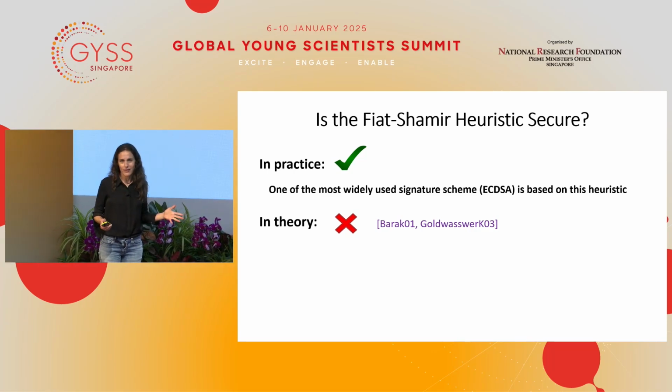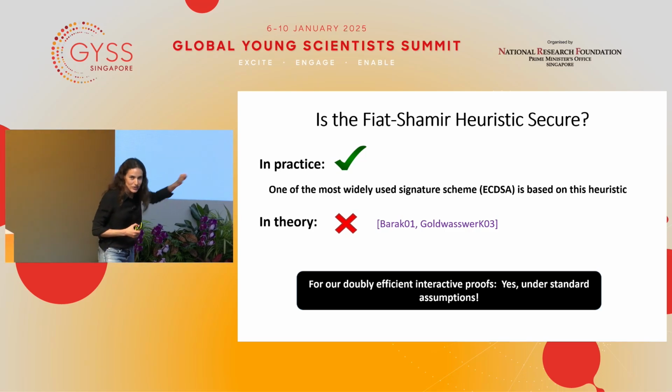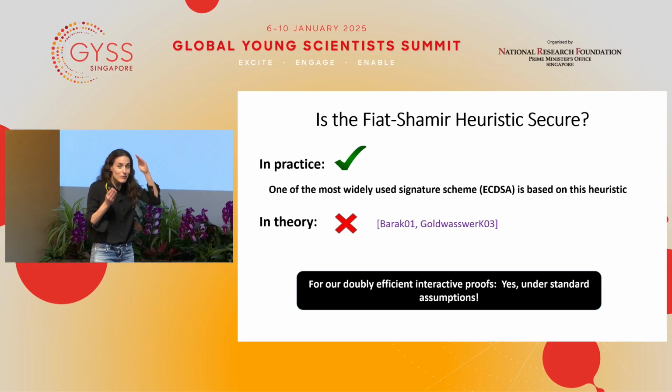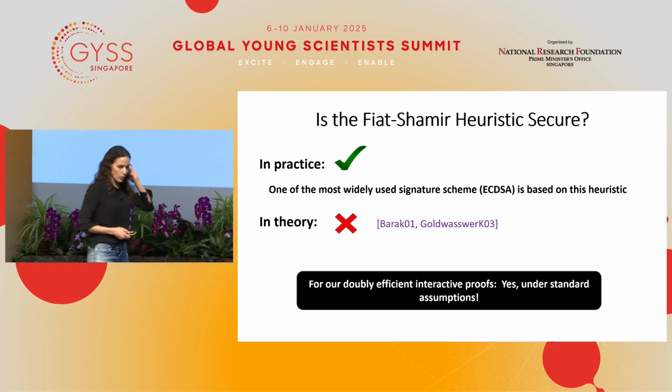But what we did manage to prove is that our doubly efficient interactive proofs are sound. That specific proof that we managed to construct in the interactive setting, if you apply Fiat-Shamir to that, then it is sound, under some standard cryptographic assumptions that I don't want to go into.